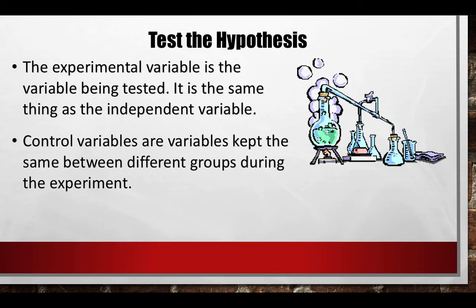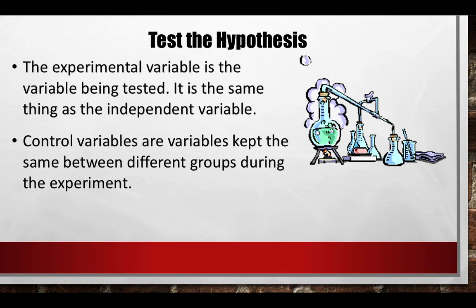Now, control variables are different. They are the variables kept the same between different groups during the experiment. When we do an experiment, we need to keep all of the possible variables the same except for the one that we are changing.